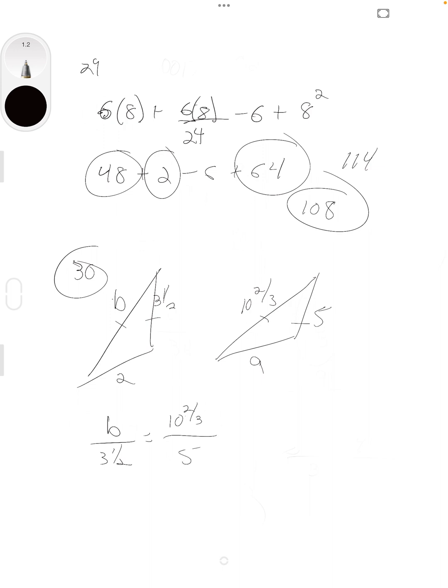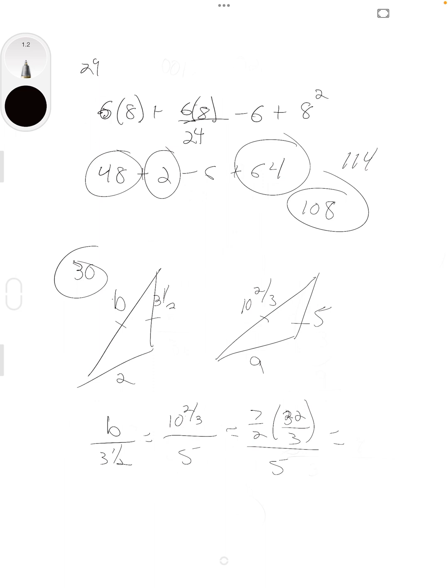So moving this over here, I get 3.5, which is 7 halves, times 10 2/3, which is 32 thirds, over 5. And so this is going to be 7 times 32.